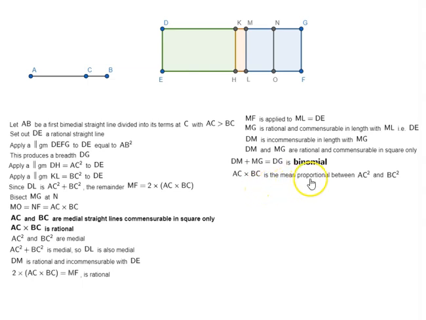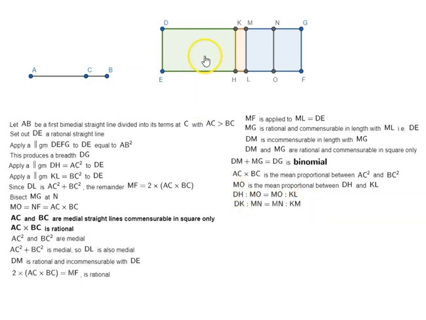AC by BC is the mean proportional between AC square and BC square, which means MO is the mean proportional between DH and KL, because MO is AC by BC, and AC square is equal to DH and BC square is equal to KL, which can be written in proportion form as DH is to MO as MO is to KL.